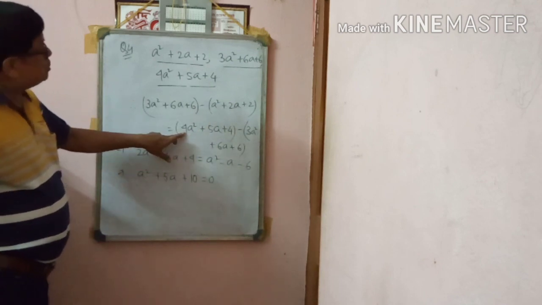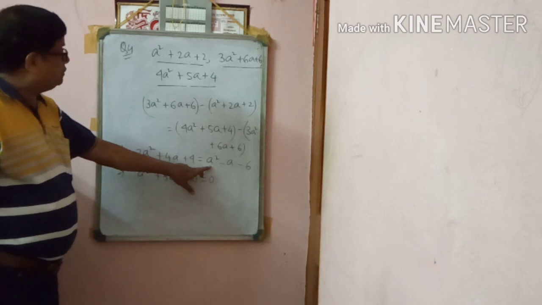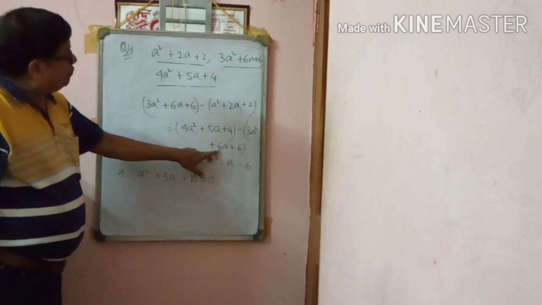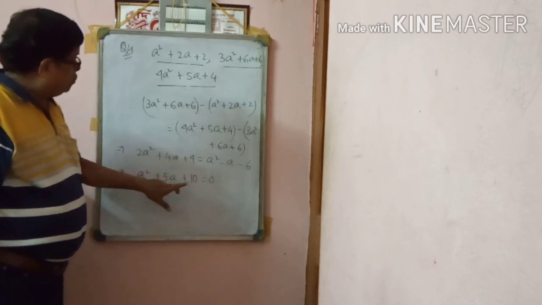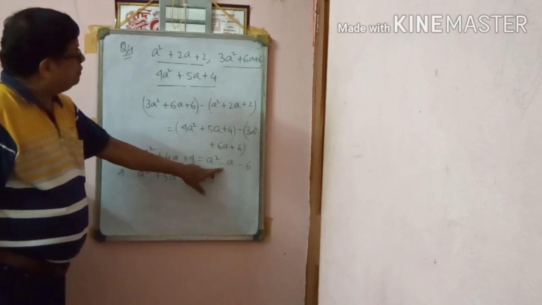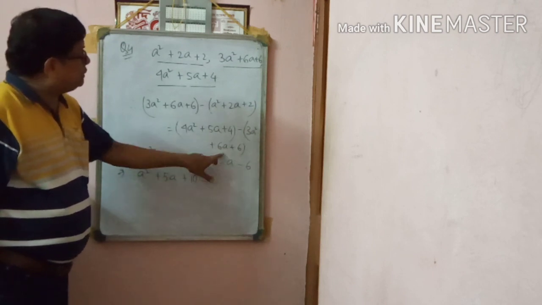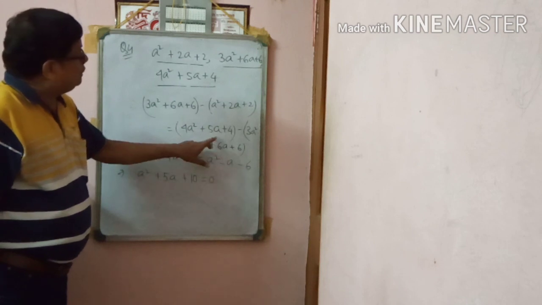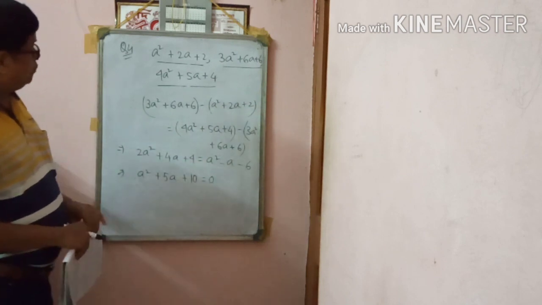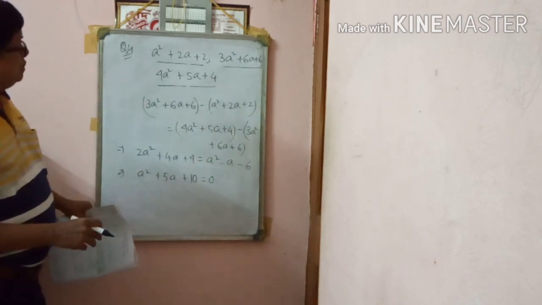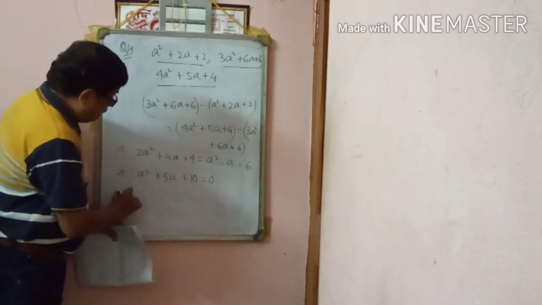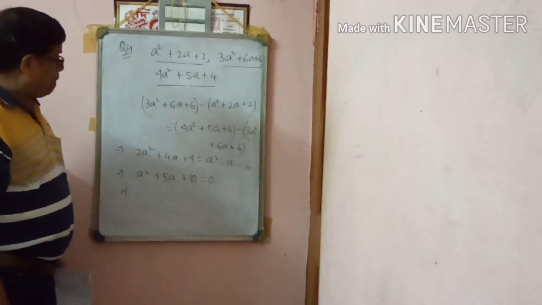Here 4a square minus 3a square will be a square, 5a minus 6a will be minus a, and 4 minus 6 is minus 2.